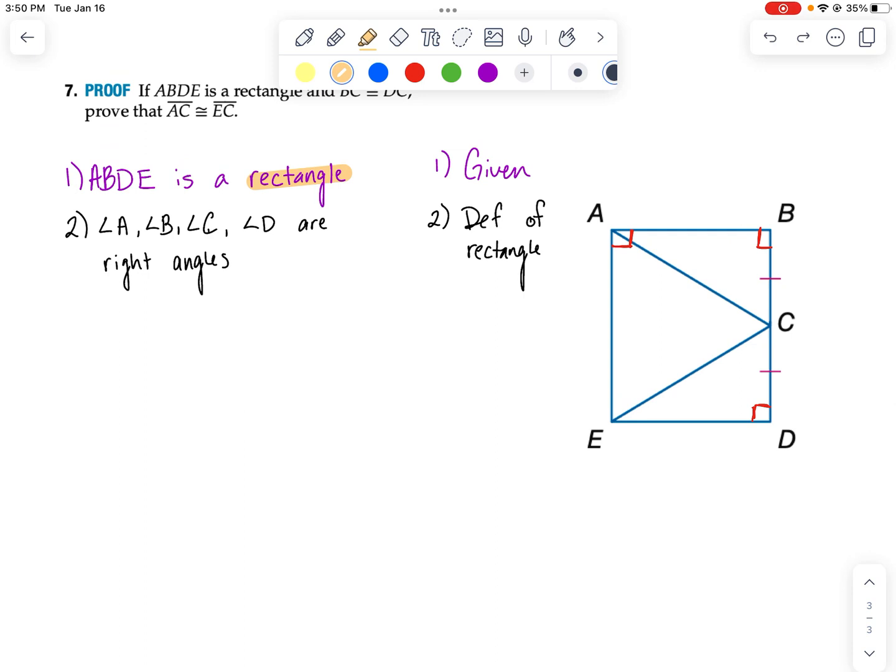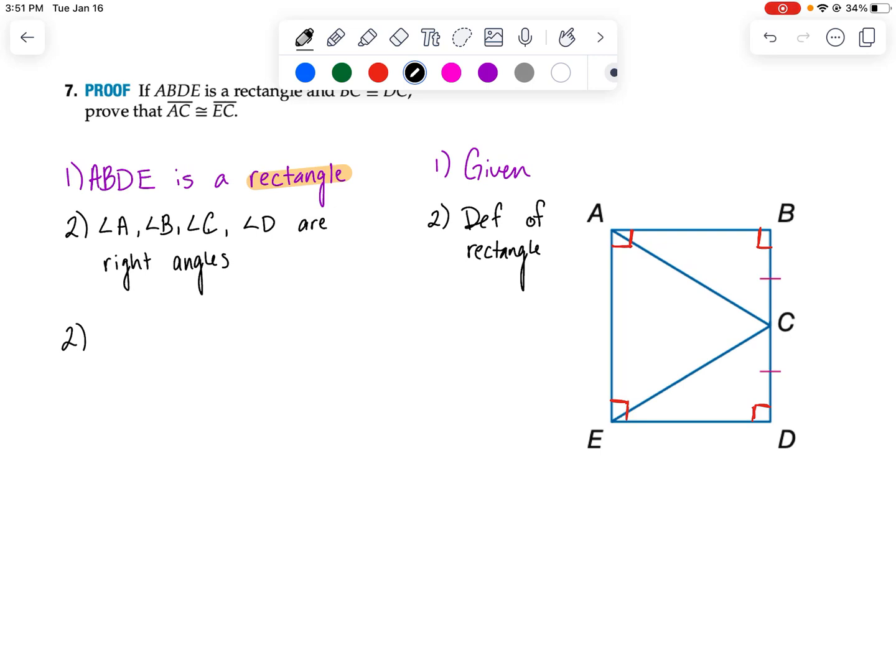Those properties that we talked about last week are: it has opposite sides that are equal, it has opposite angles that are equal, it has consecutive angles that add to 180, and the diagonals bisect each other. So we already have the opposite angles congruent and the consecutive angles adding to 180. That's already marked in there from the right angles.